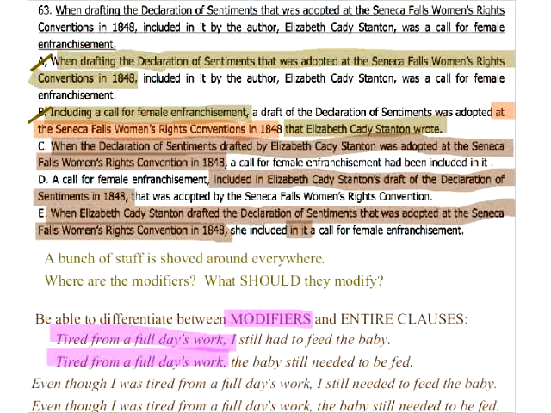And so those have to actually modify stuff, and so this first one is right and the second one is wrong because the baby was not tired from a full day's work unless it was a very unusual baby. So, but these actually modify stuff, versus entire clauses which don't.